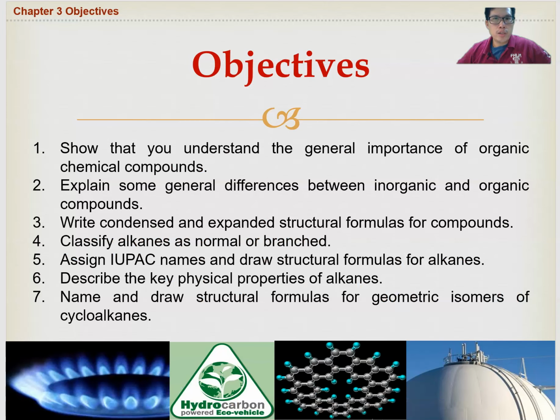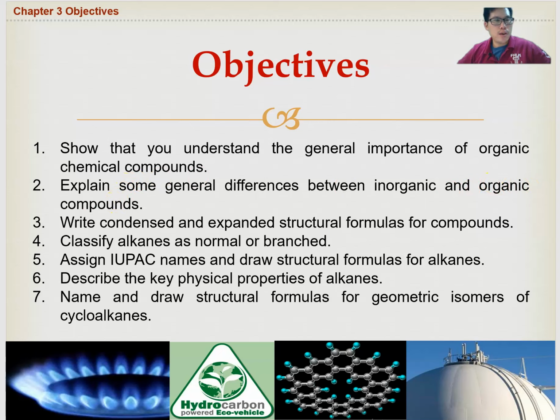So what is the objective of this chapter? It is to show that you understand the general importance of organic chemical compounds, and that you can explain the difference between inorganic and organic compounds. Because this chapter is about food molecules, we're going to concentrate on organic compounds.